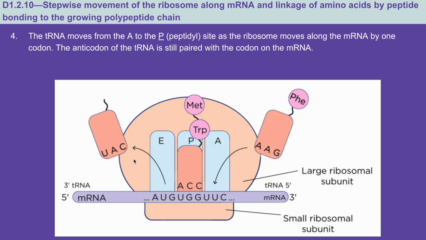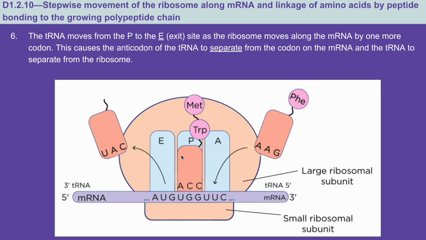Then we're going to see a shift of this whole ribosome complex. It's going to move down one codon, 3 bases on the mRNA. That means that these 2 tRNAs that are in the A and P site, those are going to get shifted over. The tRNA that was in the P site is now going to move to the E site. E is for exit.